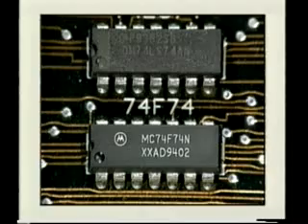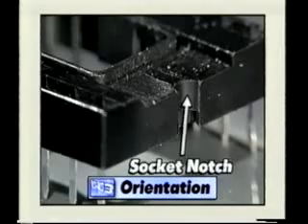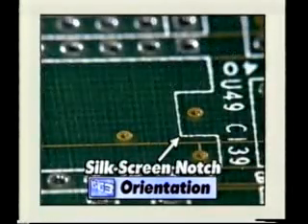But whether a component is through-hole or surface mount, each has a specific function. Many components must be placed onto or into the printed wiring board in a certain way. When a component must be installed a specific way, it is called orientation.